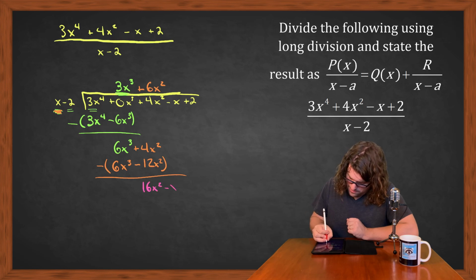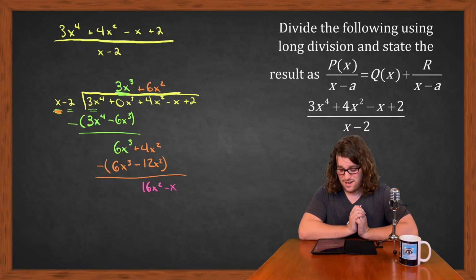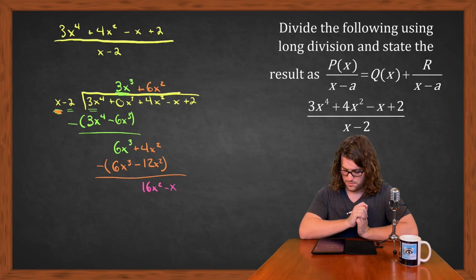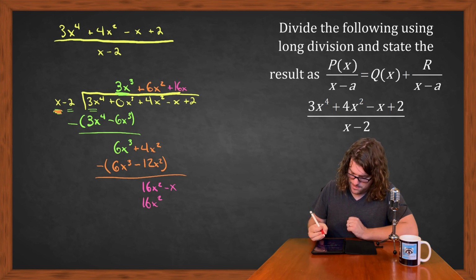I'm going to pull down my next term that I'm dealing with up in the dividend part. So minus x comes down, and then we are going to start that process all over again. So I'm going to take my x and put it into 16x squared. That goes in 16x times, which leaves us with 16x squared.